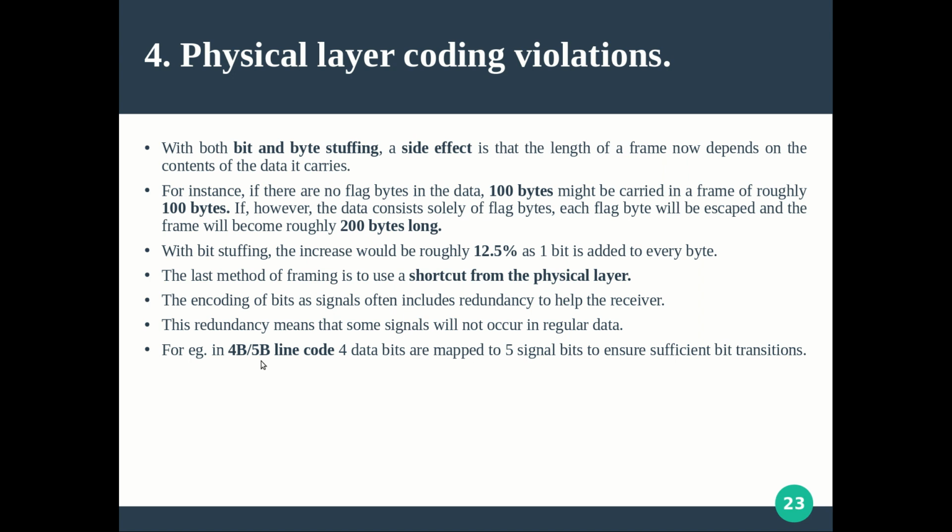So 4 bits, using a mapping table, we will map to 5 bits, and those 5 bits will be converted into signal. That kind of line encoding technique is used in many applications. The 4 data bits are mapped to 5 signal bits to ensure sufficient bit transitions.